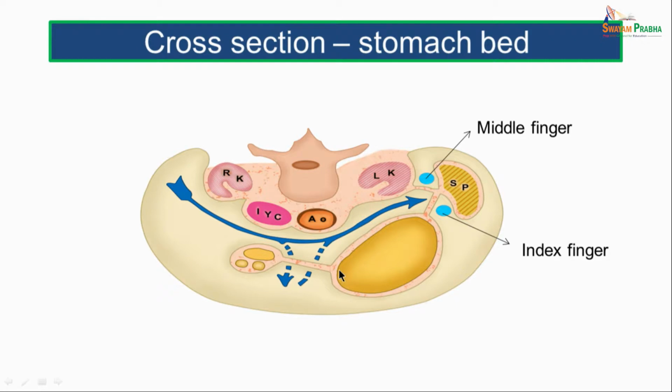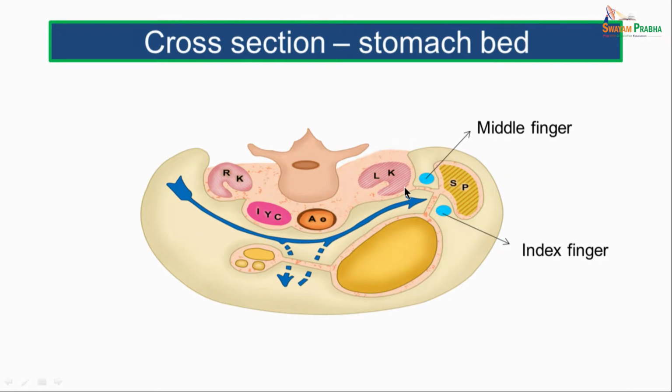When it reaches the lesser curvature, it splits to enclose the stomach from the anterior aspect as well as the posterior aspect. The two layers reach the greater curvature, reunite and then proceed as the gastrosplenic ligament towards the hilum of the spleen. What we see here is the spleen. From the hilum of spleen, the lienorenal ligament goes towards the left kidney.